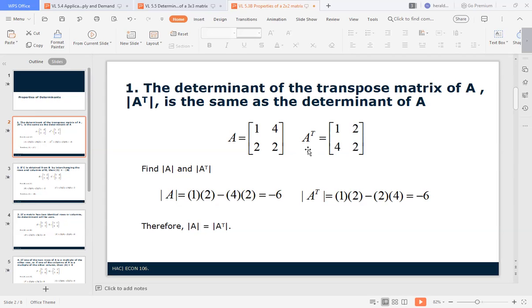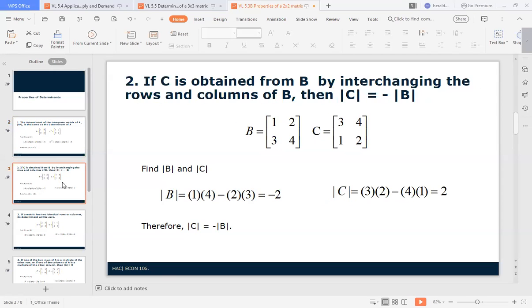These are just interchanging the rows and the columns, okay? And getting the determinant of the two, it will yield the same determinant. Okay. The next one is, if C is obtained from B by interchanging the rows or columns of B, then the determinant of C is just equal to negative the determinant of B.